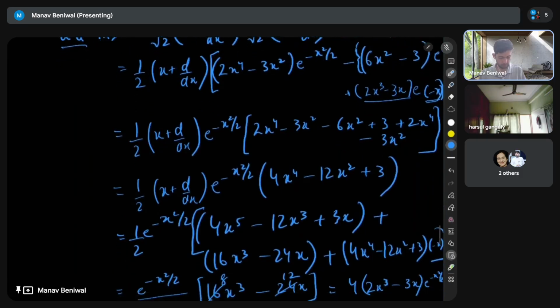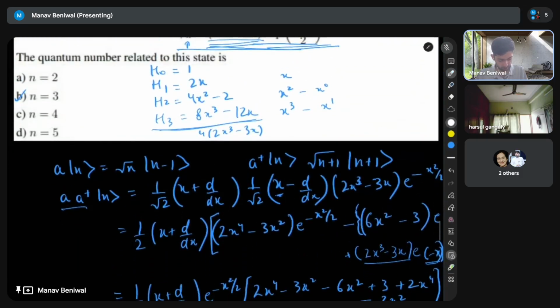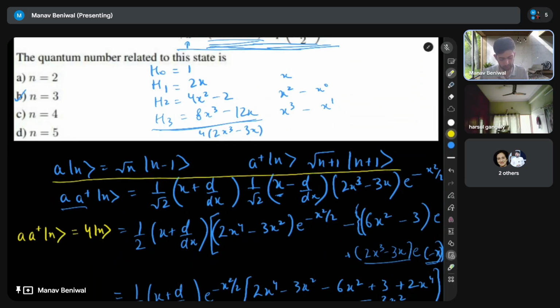So let me write here. When we do this operation, a dagger on n, what do we get? We get 4 n. And we know that a dagger on n gives us n plus 1 times the state n, right?